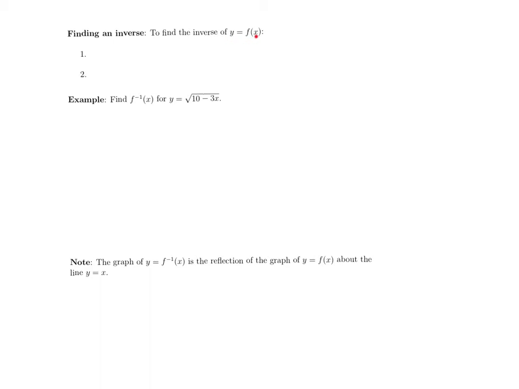That is to say, solve for x in terms of y. From a procedural standpoint, if it helps, I find it convenient to first switch around all of the x's and y's. So rewrite this equation as x equals f of y. And then once you've done so, undo the function. Solve for y as a function of x.